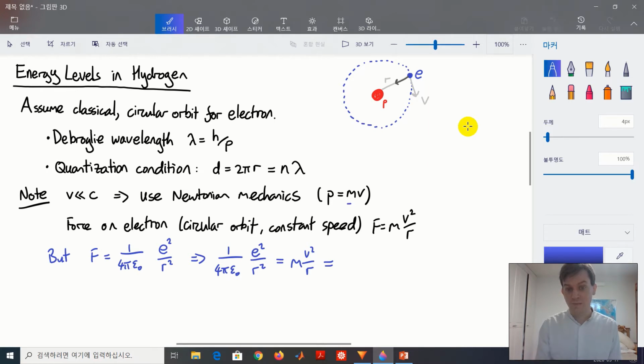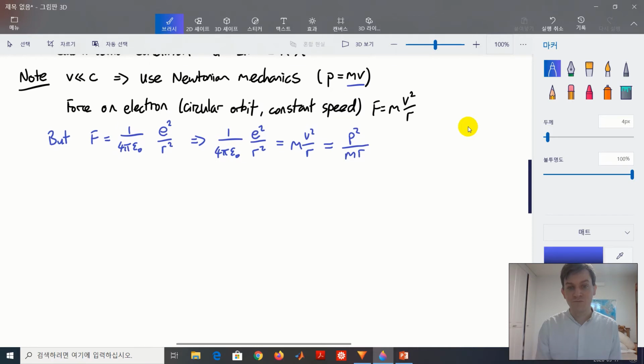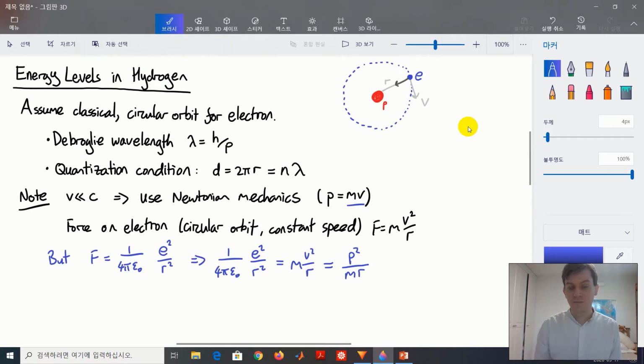But if the momentum is m times v, then I can write m v squared as p squared over m. So we get this. Okay, and notice that this therefore gives you a relationship between the radius of the orbit of the electron here and the momentum the electron will have as it moves around the orbit.